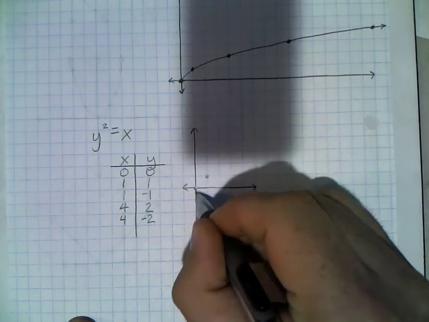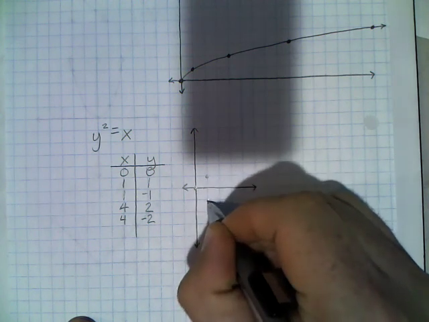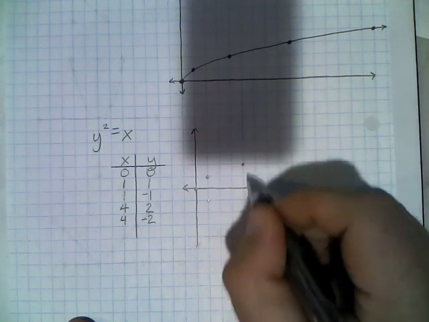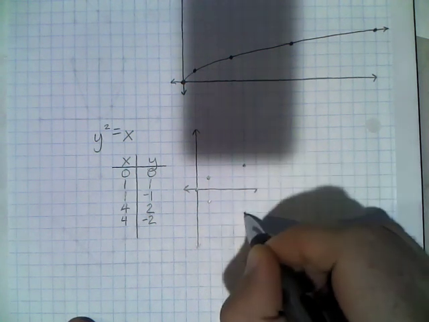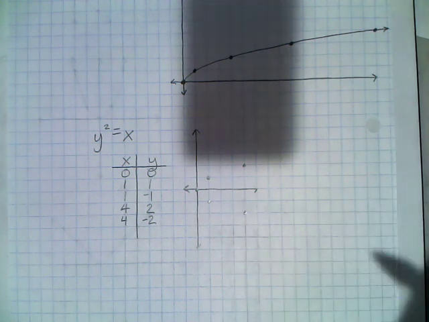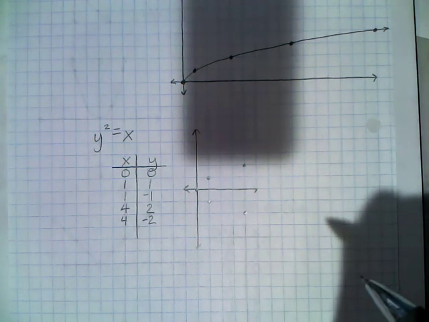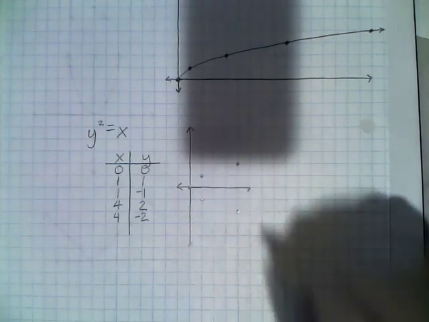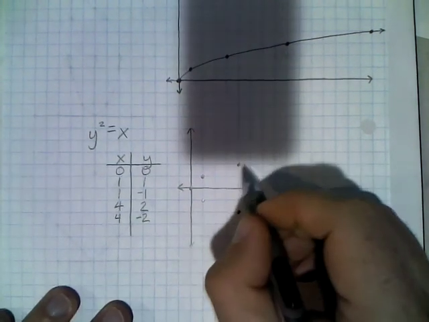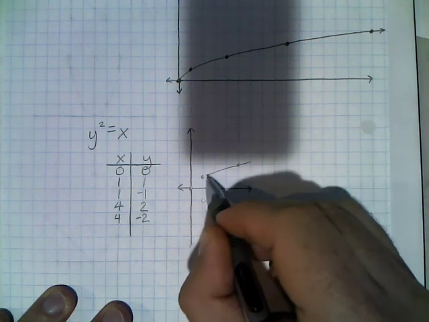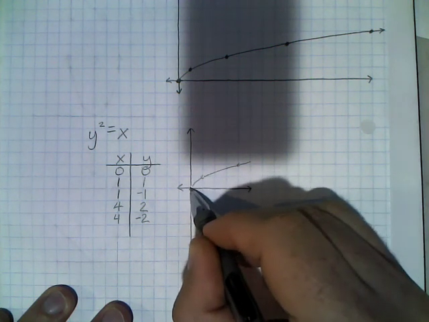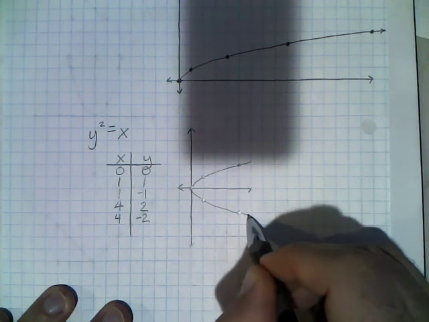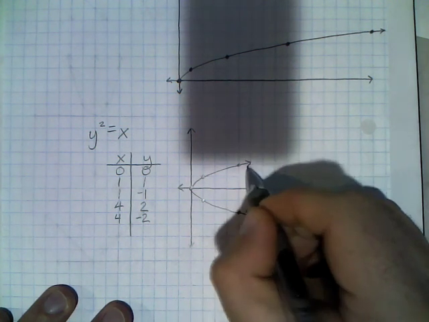I also have 1, -1. I have 4, 2. I also have 4, -2. And so we really do see that same parabola shape from before. So let's get that nice curve. It kind of slows down there as it hits that point there on the left.